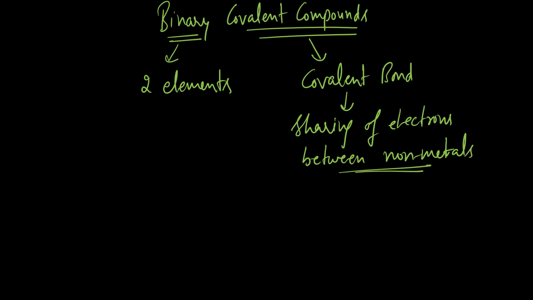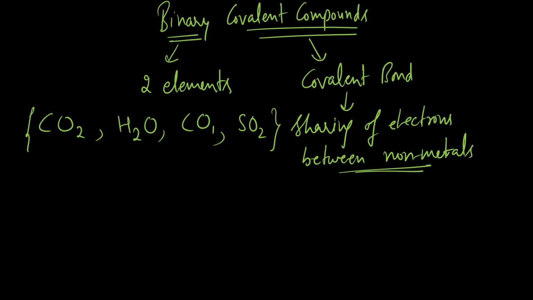We have a lot of examples, like carbon dioxide, water, carbon monoxide, sulfur dioxide, sulfur trioxide, and so on. But when I am speaking their names, I am saying carbon dioxide, carbon monoxide, sulfur dioxide. So why am I using these prefixes here? What's the purpose of these prefixes?